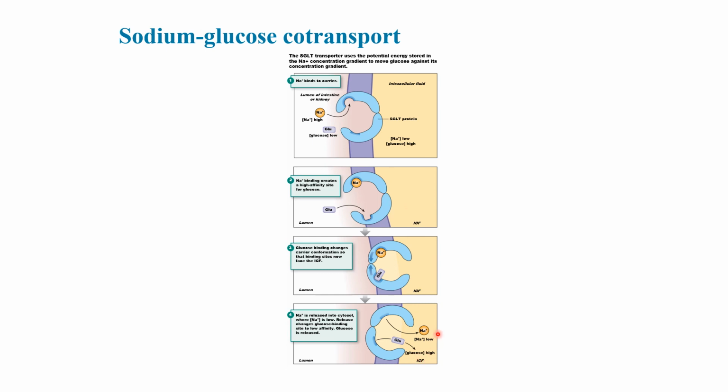And so the sodium glucose transport moves sodium down its concentration gradient while it moves the glucose against its concentration gradient. And so glucose is moving against the concentration gradient, not via the help of ATP, but via the help of the sodium. So only because sodium latched on first and it moved from high to low, that's what allowed the glucose to move from low to high.